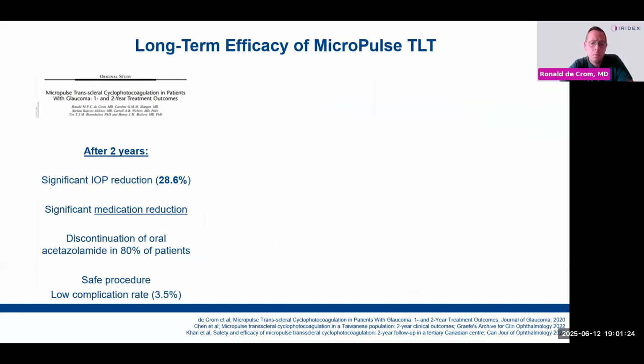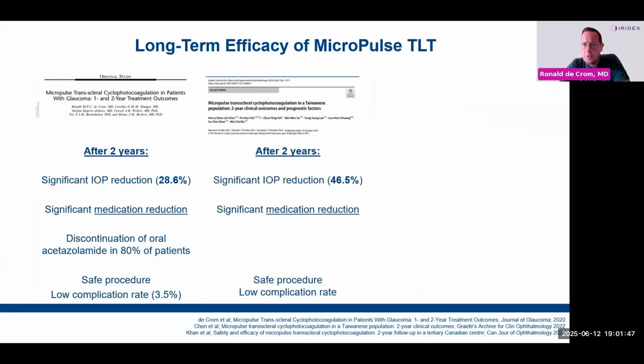In one of the studies from our own group, after 2 years we found an IOP reduction of almost 30% in combination with a significant medication reduction. In 80% of our patients we could stop the Diamox, and it was a very safe procedure with very few complications.